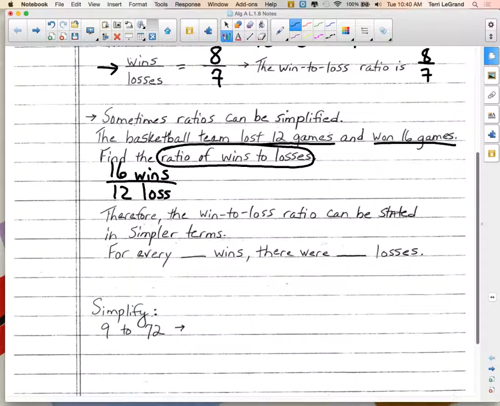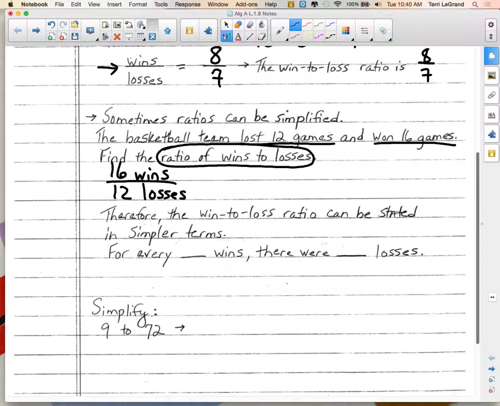Okay. Let's start it out like that. Let's put those labels in the beginning to make sure that we can look back and say, did I do it in the order I was supposed to do it in? So wins is first, it needs to be upstairs. Losses is second in our comparison, it needs to be downstairs. So for every 16 wins, there were 12 losses.